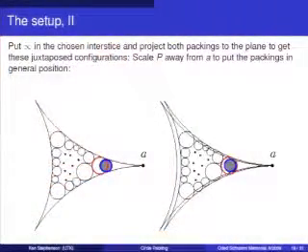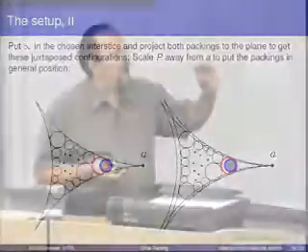One more small adjustment. I'm going to take the packing with the blue circle, and I'm going to scale it away from A just a little. And so we end up in the situation on the right there. So I have these two packings with the same combinatorics in that situation now. And it's that collection of circles that I'm going to study a little more.